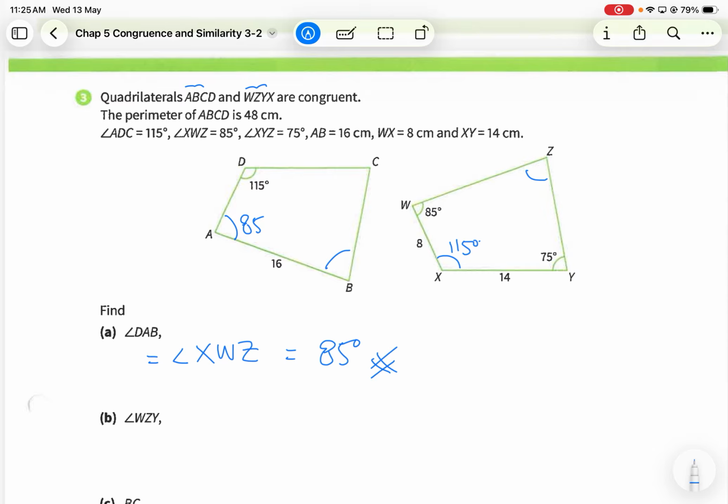You can combine all the angles that you know onto one, then you will be able to find the last one already. WXY: first, fourth, third. First, fourth, third, ADC.